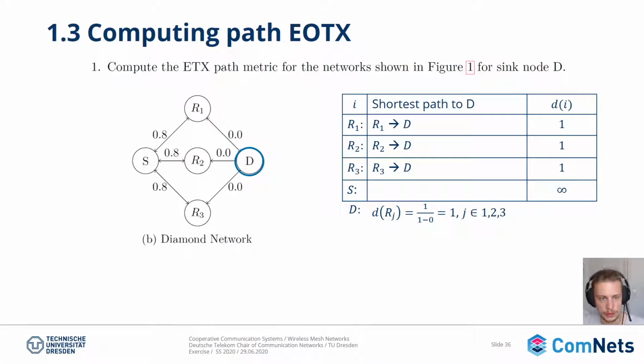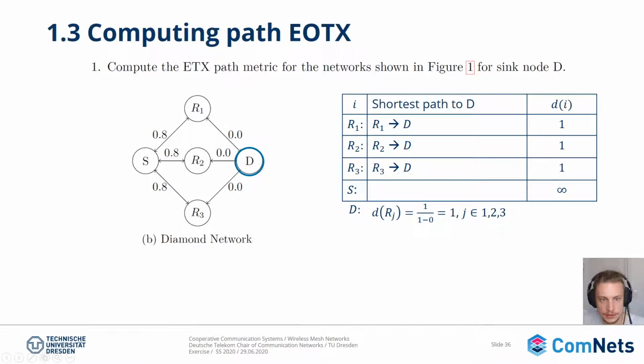For the second network, the diamond network, we again start at the node with the lowest distance metric, which is 0 to itself, and then we update all the incident nodes, which is R1, R2 and R3. They all have the same loss probability, 0, so we can all update them to having a distance metric of 1.